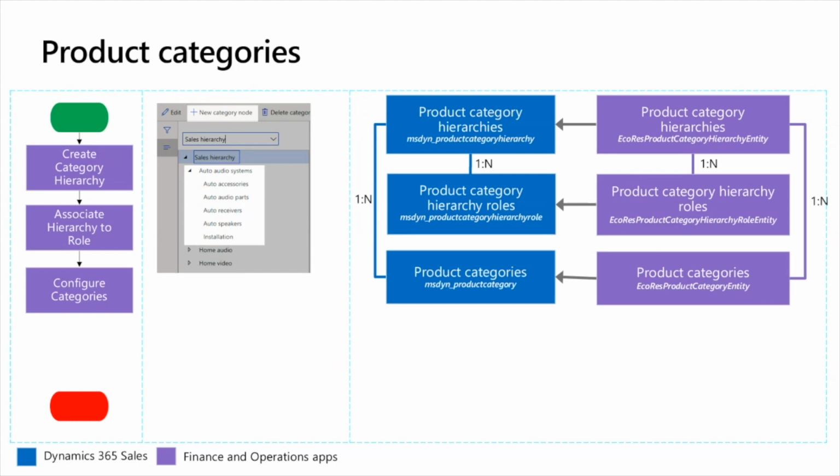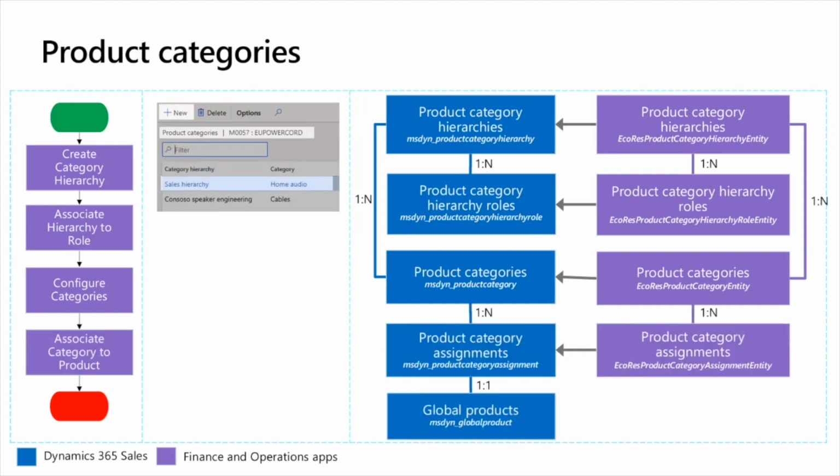As we configure each of those category nodes, the data is also flowing. And then if we need to associate those to a product in finance and operations, those product category assignments or associations also flow through. So this was the scenario I mentioned before, where when you select the item on the order, you do want to default a category for that item.